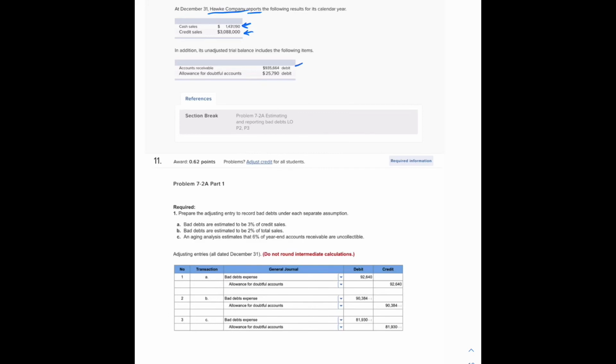Accounts receivable for $936,000, and allowance for doubtful accounts of $25,790 as a debit. Okay, so just like we did earlier, we'll deal with this twice with income statement methods and once with a balance sheet method. Okay, so if you remember the rule for the income statement method, we calculate the adjustment.